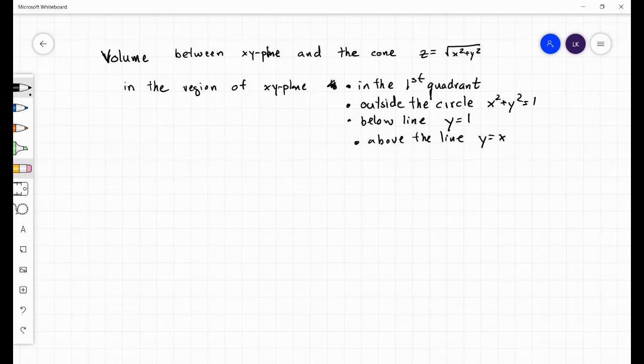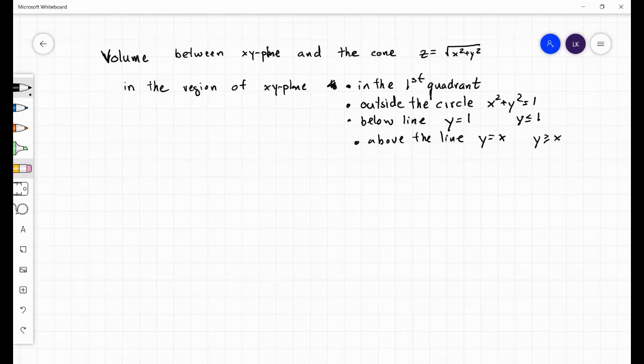And this below line, above line, I'm just playing games, right? So it should be the intersection of these kind of inequalities. All the points below the line means all the points where y is less than 1. Above this line means it's all the points where y is greater than or equal to x.